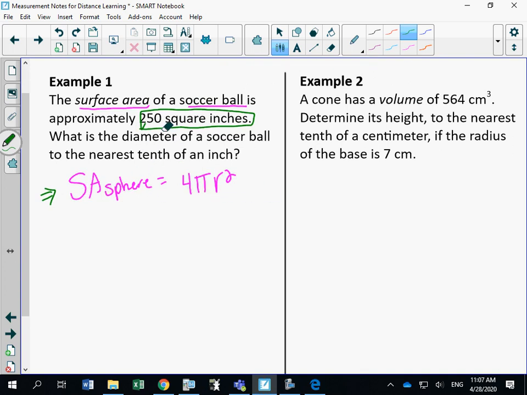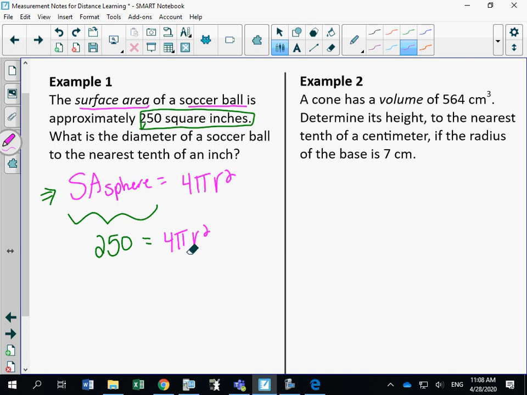Does it go for the radius? Hopefully you realize it goes on the left-hand side, because this question actually calculated the surface area of the sphere for us. So I'm going to put that in. And the only thing that is missing is the radius. So the only thing I can calculate by manipulating this is the radius.